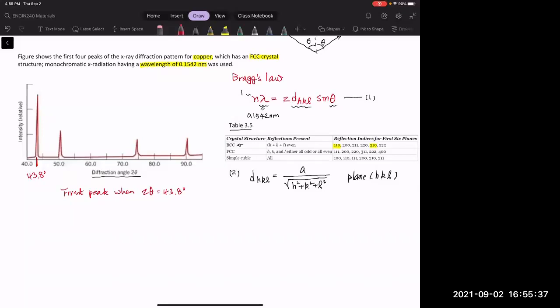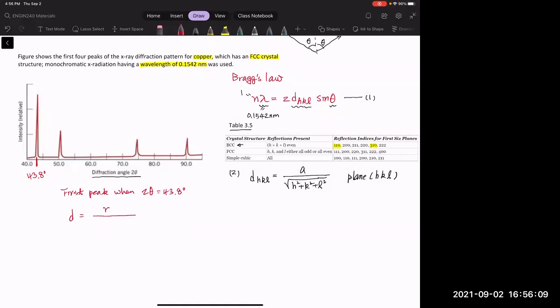Then we use the d equation to find the d. I'm going to use the Bragg's law to see what is the d supposed to be.